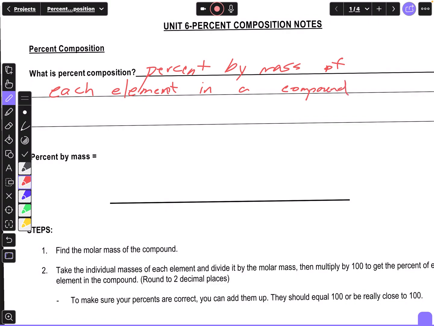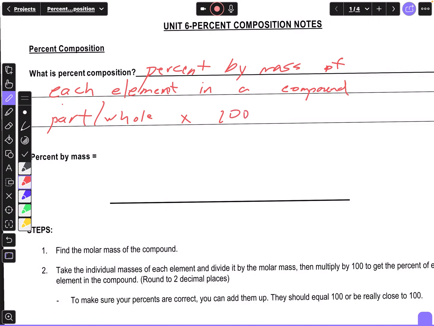So basically what we're doing is we're going to take the part of something divided by the whole and then multiply it by 100 to get a percent.